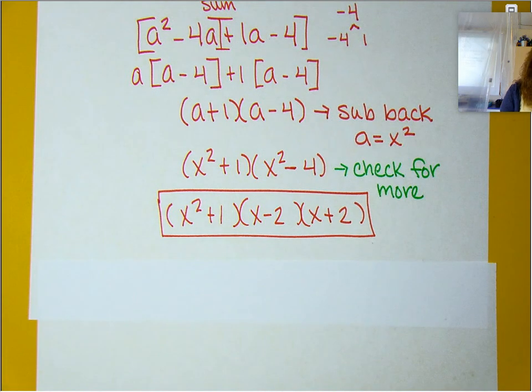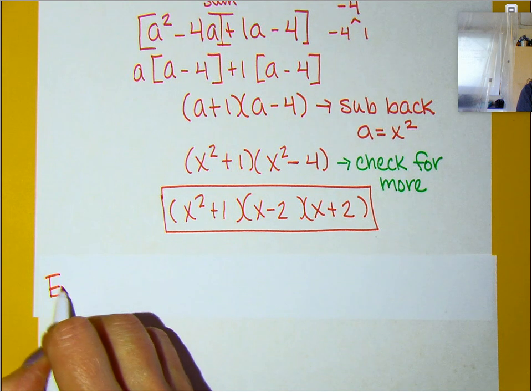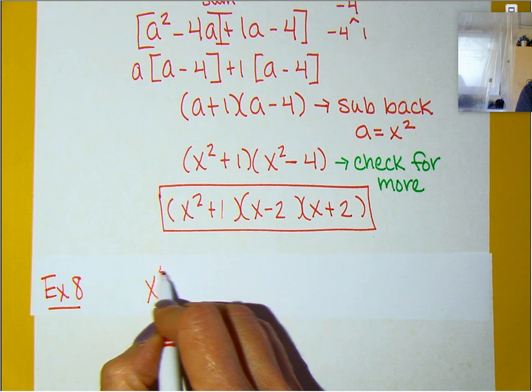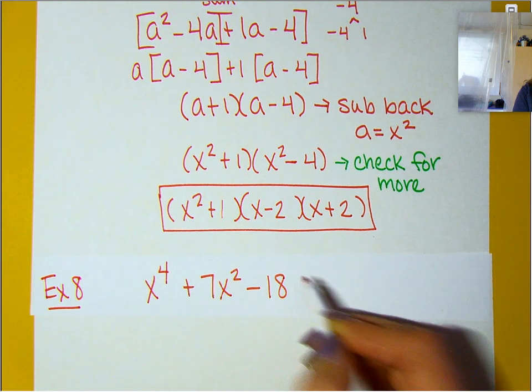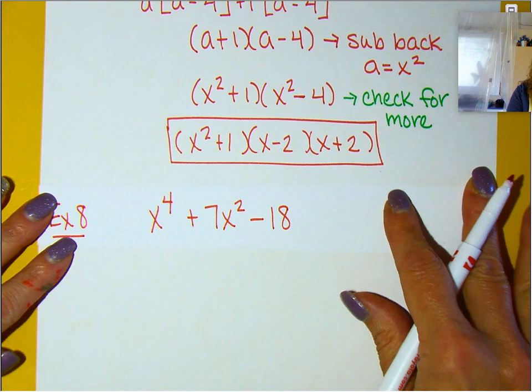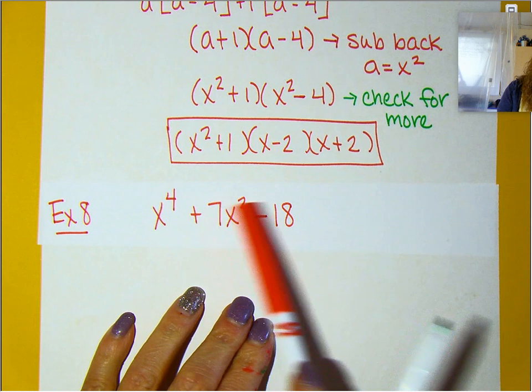All right, I want you to try one. X to the 4th plus 7x squared minus 18. Our book is very fond of these as well. It's funny what this particular book chooses to find important. And just a side note, just for FYI informational purposes, I can use it with a 4, a 2, and a constant.